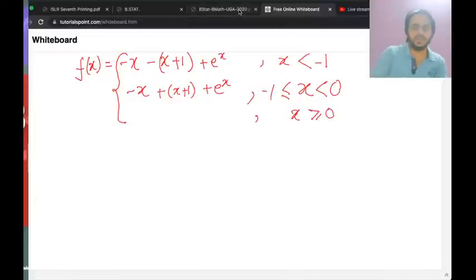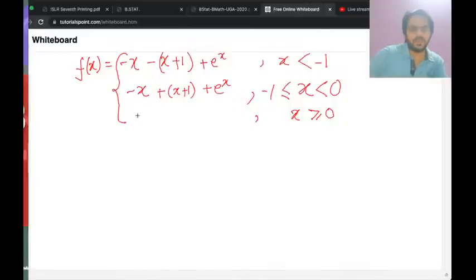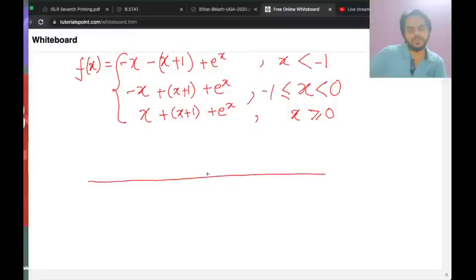In that case, this will be positive and this will be positive, so it will simply be x plus x plus 1 plus e^x, so 2x plus e^x plus 1.